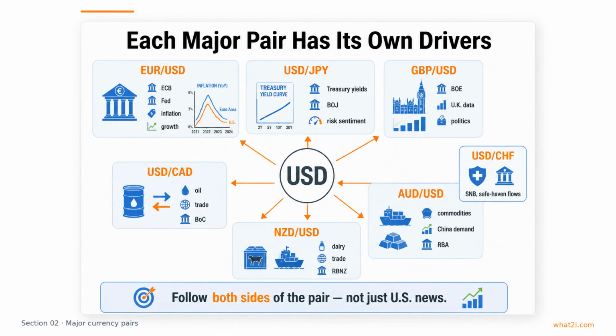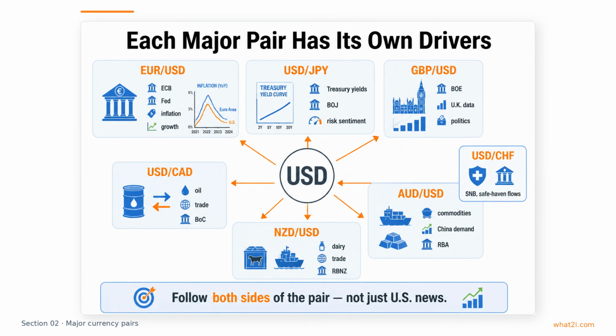Even though all major pairs include the US dollar, they do not all move for the same reasons. Euro/USD often reacts to the European Central Bank, the Federal Reserve, inflation, and growth on both sides of the Atlantic. USD/JPY is especially sensitive to US Treasury yields, Bank of Japan policy, and broad risk sentiment.